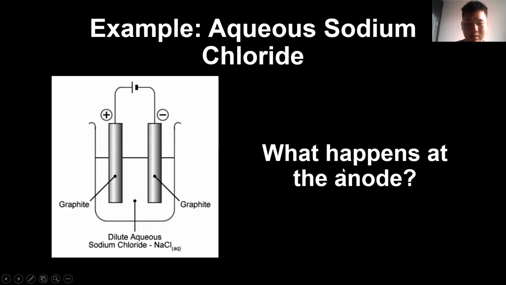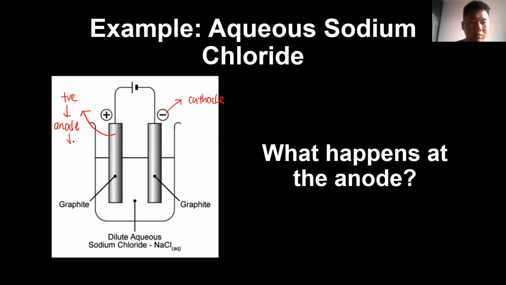Okay. So what will happen at the anode? We know that this is the positive terminal, so it will be the anode here. And this is the negative terminal, so this will be the cathode.